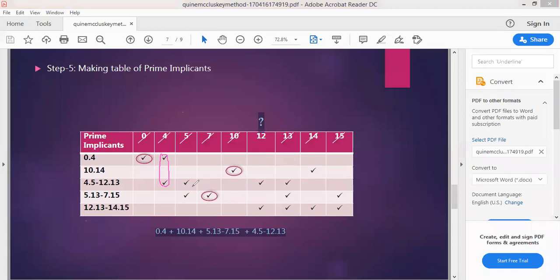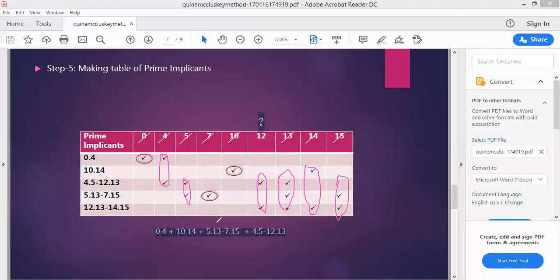I'm grouping them vertically. Is it fine? Yes. Wait a minute, I'll explain. So there is one tick left out here, that is written as 0, 4.